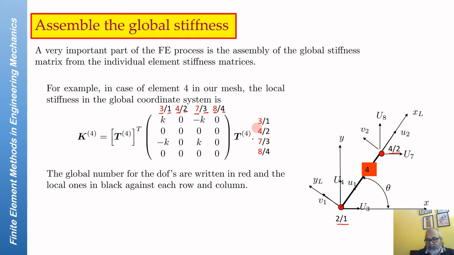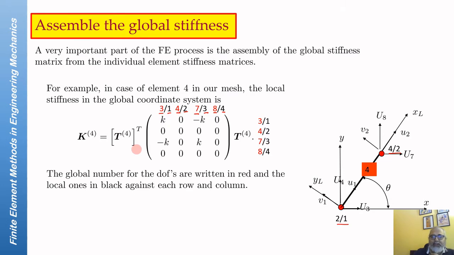I do that along the columns, and then I do that along the rows as well. Remember, this whole thing is a 4 cross 4 matrix, giving a 4 cross 4 matrix. The reds are the global degree of freedom numbers, and the blacks are the local degree of freedom numbers.